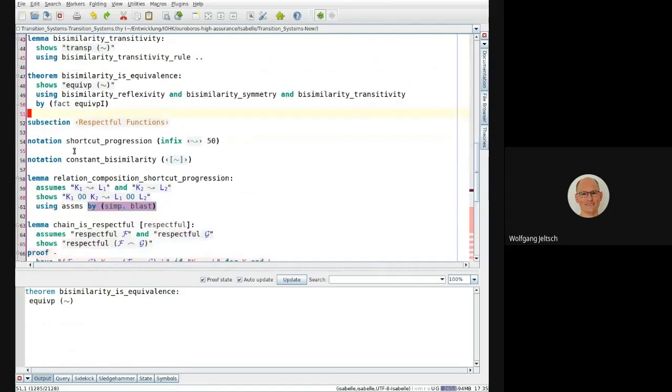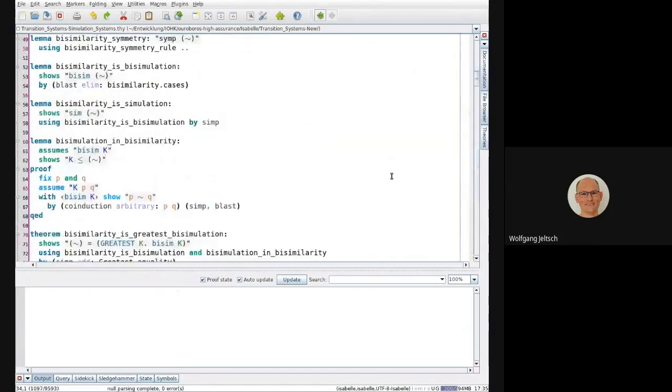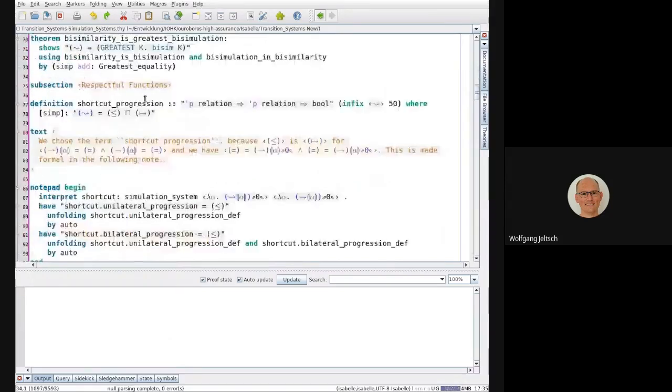So now for respectful functions. To remind you, this notion of respectful functions, and we had this soundness theorem that said proofs up to context, proofs up to some function f, are sound if f is a respectful function.